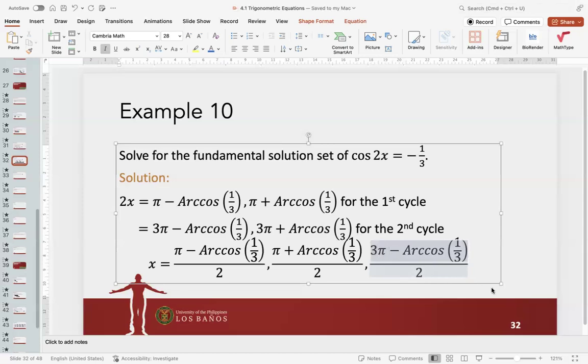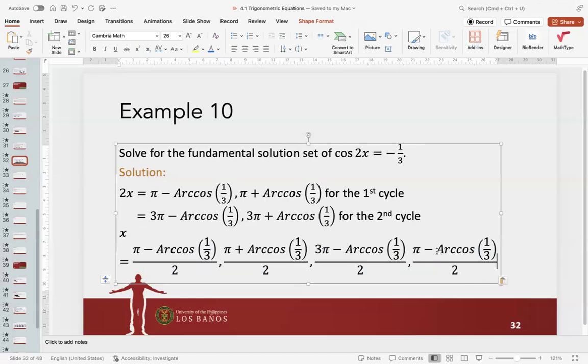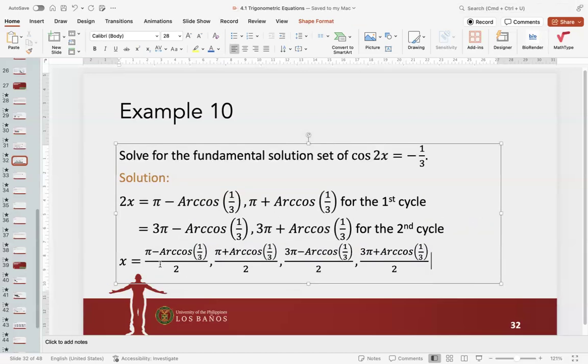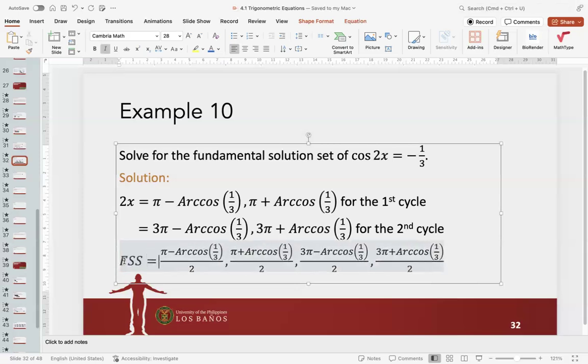And then, finally, the last solution, so magiging 3 pi plus arc cos 1/3 all over 2. Alright? And since we already divided everything by 2 and this is just x, so this is actually our fundamental solution set. And that's it. Alright?